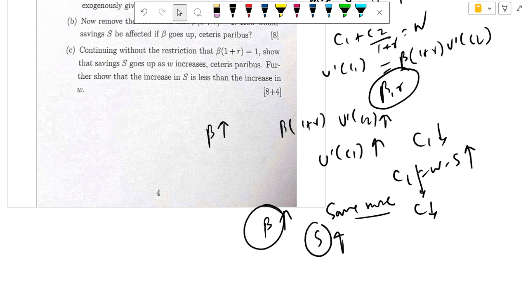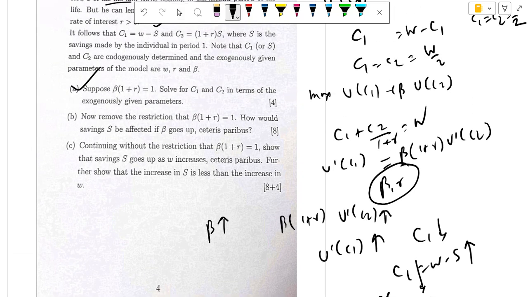Next we move to part C. Continuing without the restriction that beta into (1 plus r) equals 1, show that savings s goes up as w increases, ceteris paribus, and further show that the increase in s is less than the increase in w.